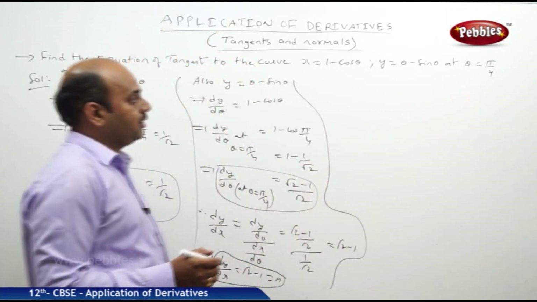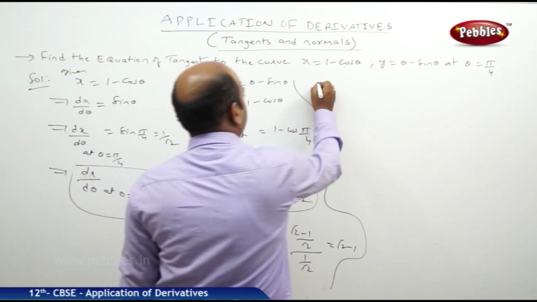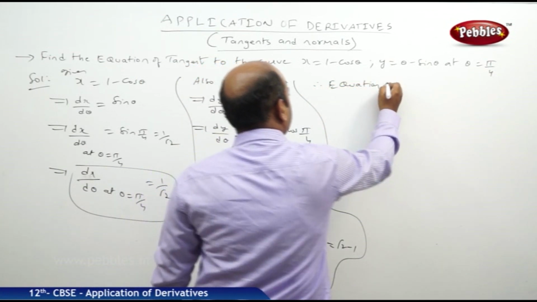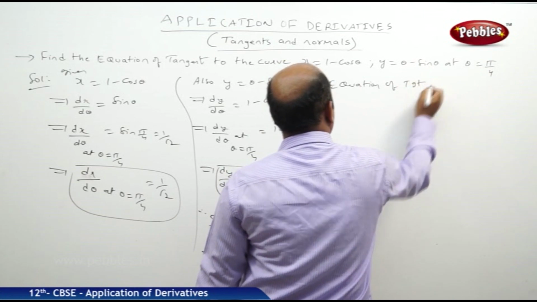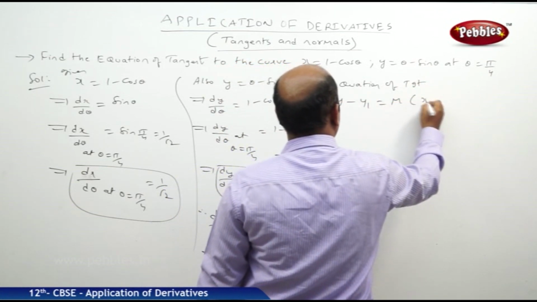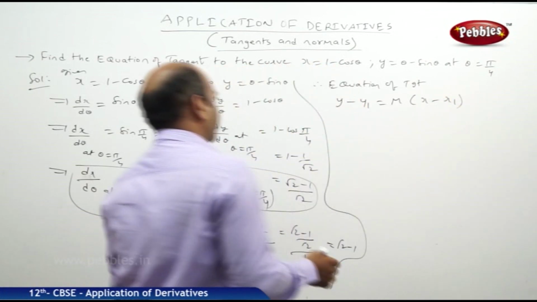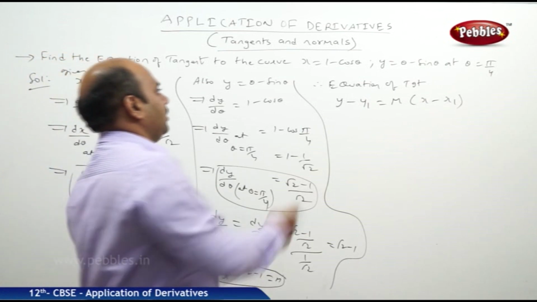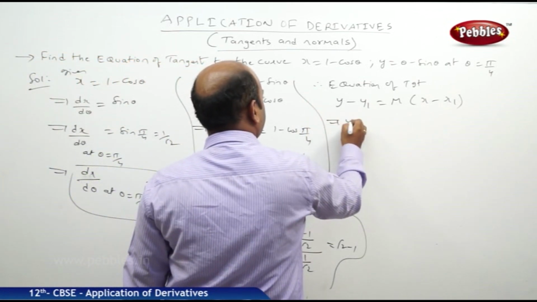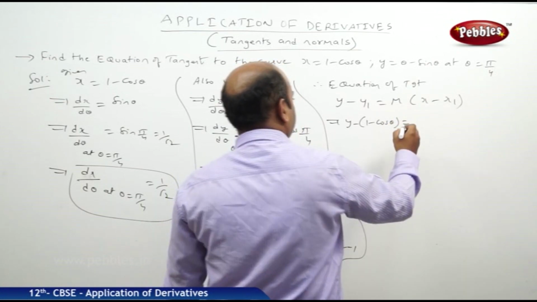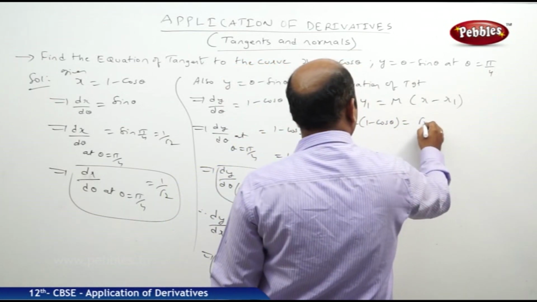Therefore the equation of tangent: y minus y1 is equal to m into x minus x1. So as usual we need to write y minus of 1 minus cos theta is equal to m, and m means what here?